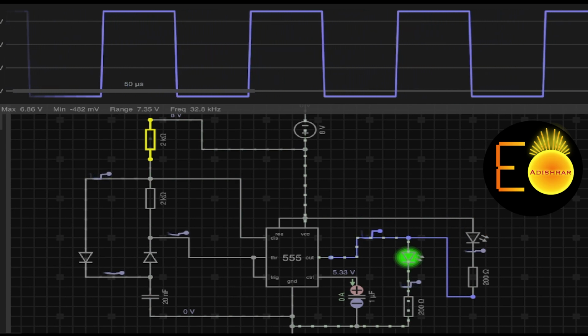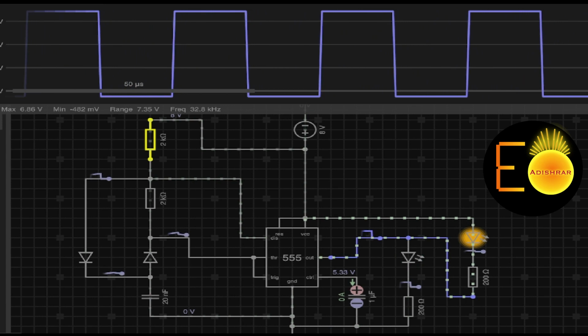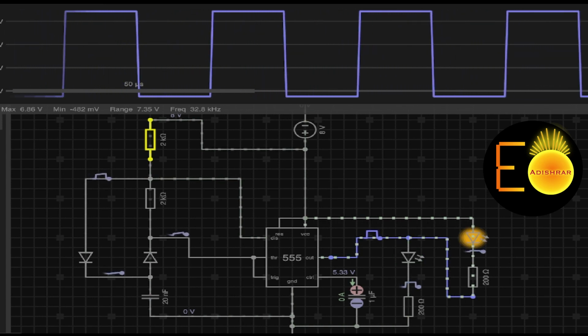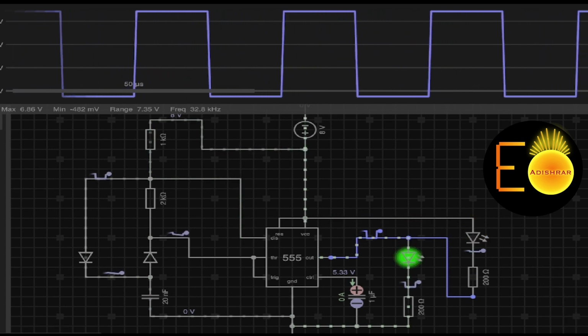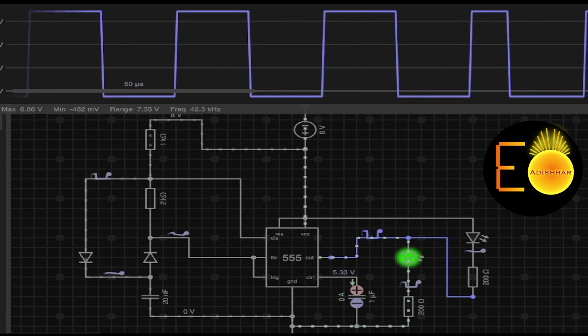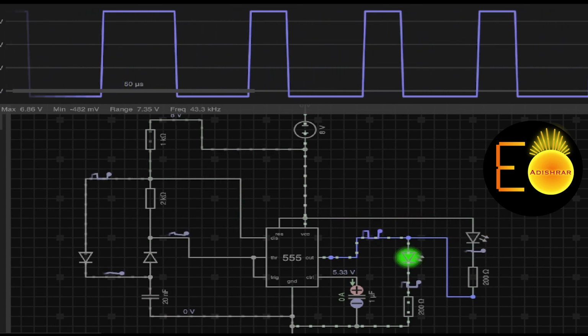So if I want to make the on time shorter than the off time, I just need to replace this 2 kilo ohm resistance with a smaller value. And if I do this, look here, the on time became smaller compared to the off time.